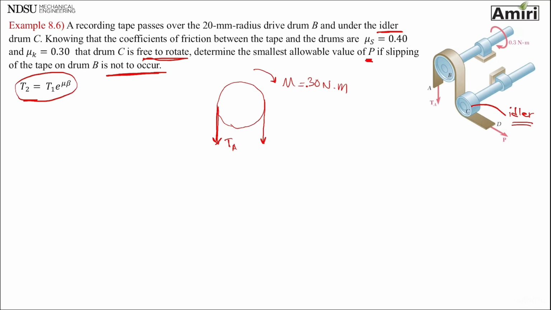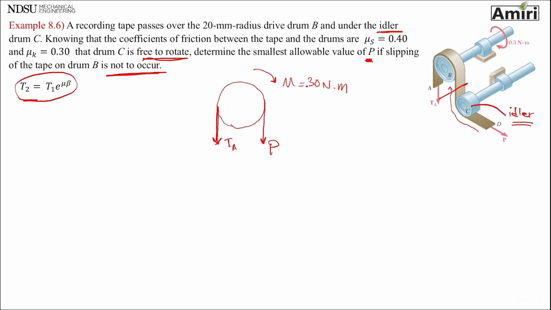Remember, when we had a rope and pulley system that was frictionless, we always said it's the same rope, the same tape, so the tension all across it is the same. So all the way up to this point, P is the same. After this point, it's going to change.